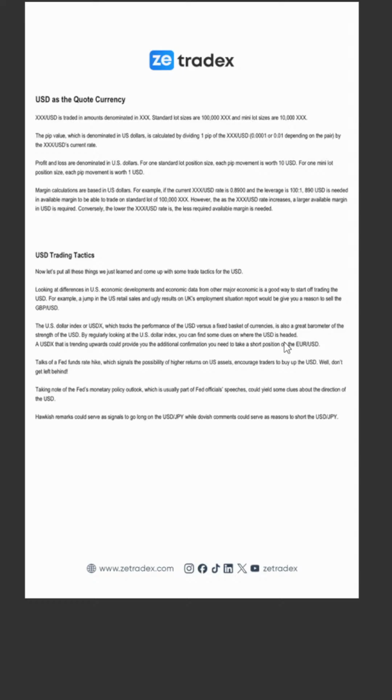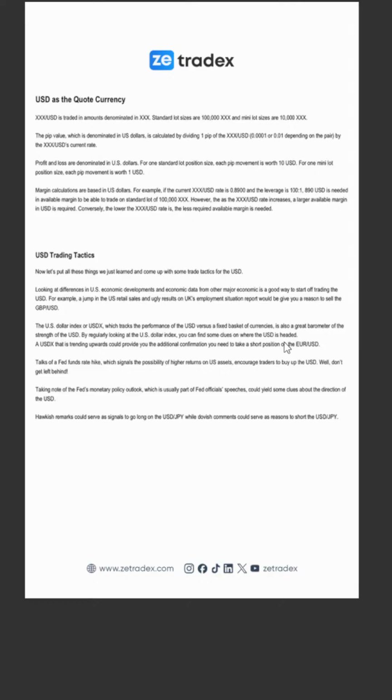Profit and loss are denominated in US dollars: for one standard lot position, each pip movement is worth 10 USD, and for one mini lot position, each pip movement is worth 1 USD, because we have margin calculations based in dollars. For example, if the current rate of GBP/USD is 0.8900 and you're using a leverage of 100 to 1, you need 890 USD in available margin to trade a standard lot.